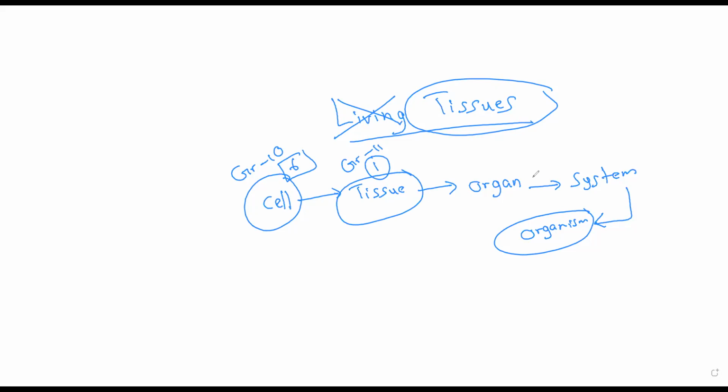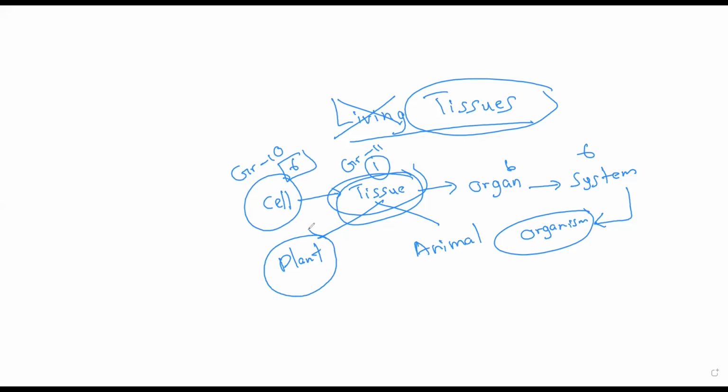In unit 6 of grade 11, you will study the organ and system, not for now. Today we focus only on tissues. We are going to see two sections: the plant tissue, and then the animal tissue. So let's start with plant tissue.